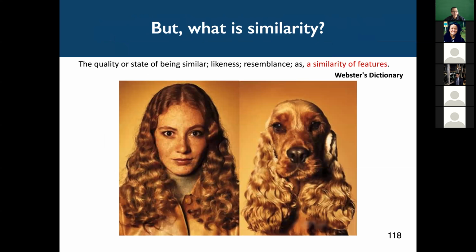In order to cluster data, we need to find the similarity between different data points, right? We group similar data points together. But what is similarity? Similarity is a quantity or state of being similar.